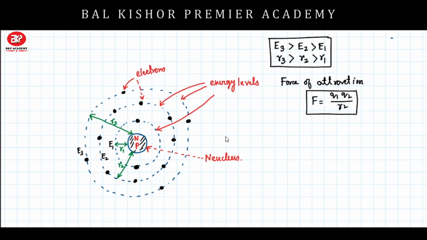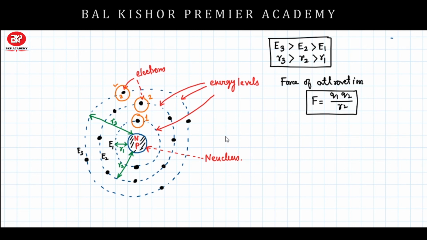Now, the electrons which are outside of the nucleus are at different energy levels. Suppose I consider different electrons: this is the electron at energy level 1, this is the electron at energy level 2, and this is the electron at energy level 3.